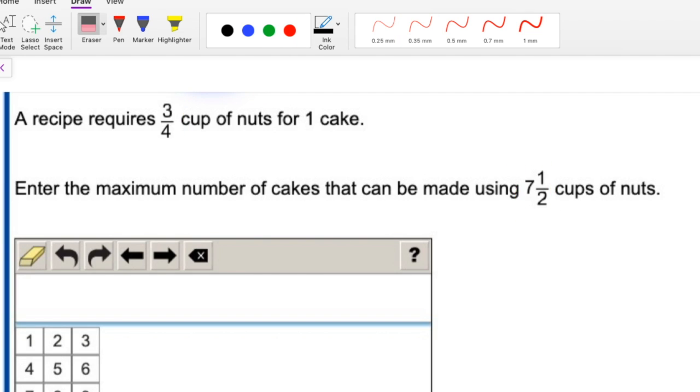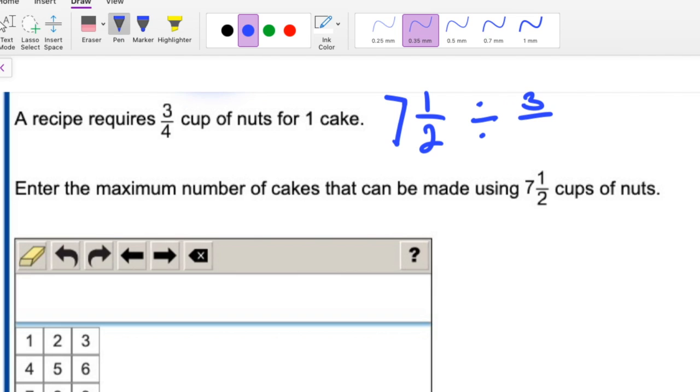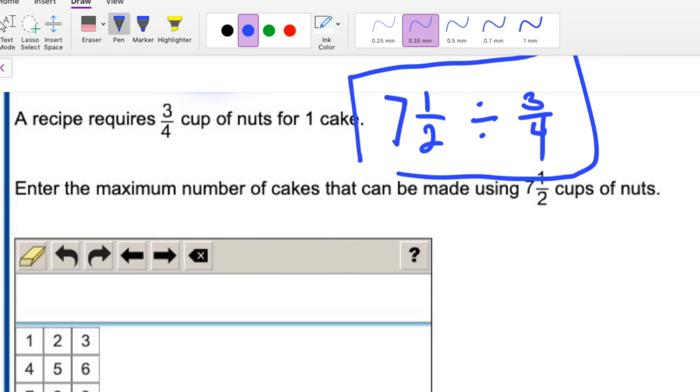So to do that, just like the pizza example, we know that we need to divide 7.5 by 3/4. Now I'm going to write the algebraic problem just like this, and if you feel confident solving it the way it's written, go right on ahead. More power to you. But I personally don't like seeing numbers like this needing to be divided.